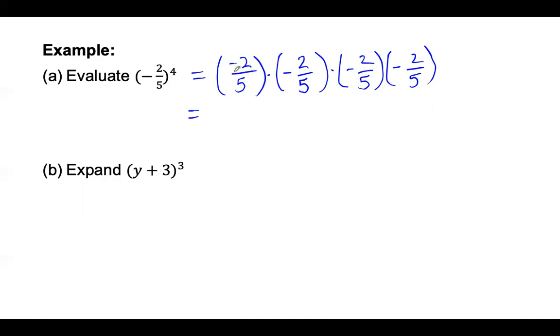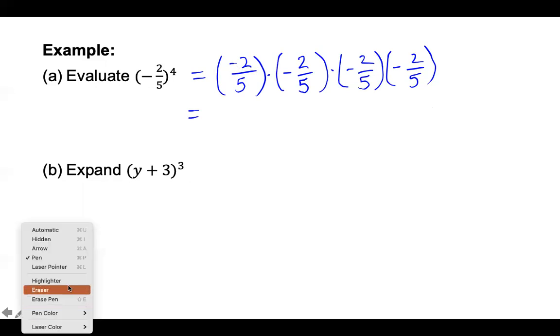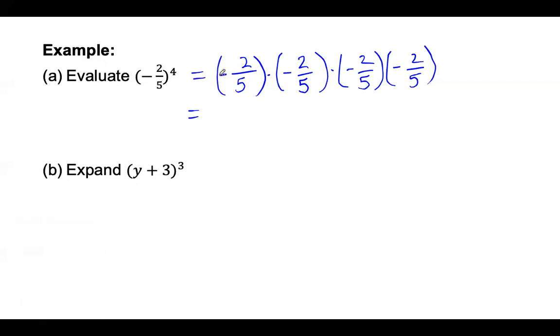Let me put the negative out front. We know a negative and a negative make a positive. So this is going to be 2 times 2, 4, 5 times 5 is 25, times the next one is 4 times 25. And this is going to be 4 times 4 is 16. 25 times 25 is 625.